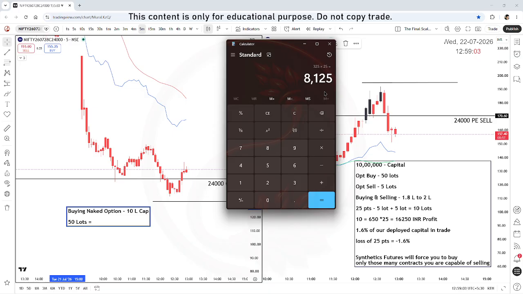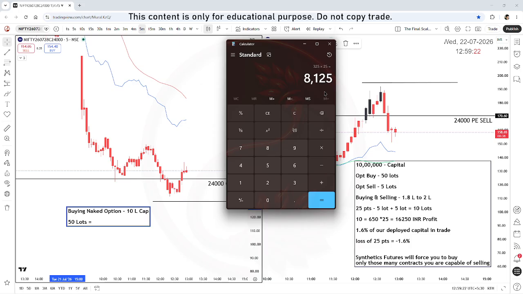So guys, my whole agenda of this particular series is to make you aware of this concept called synthetic futures, because I have seen so many people with such massive capital losing not just 10 lakhs, 20 lakhs, 50 lakhs.